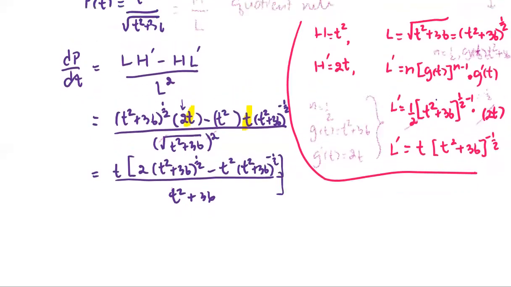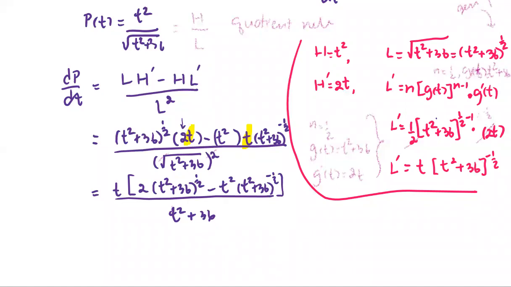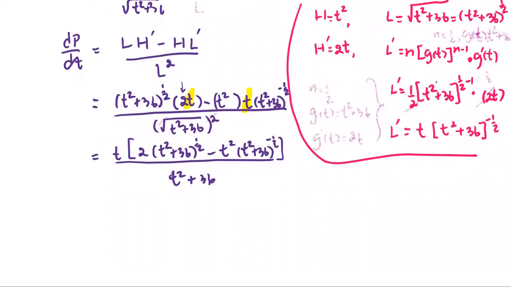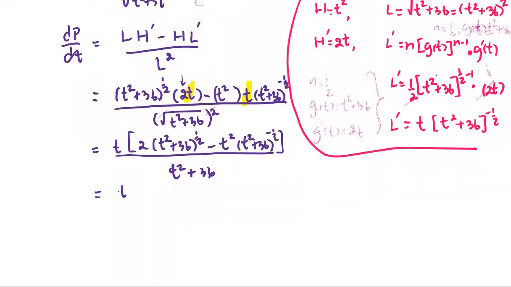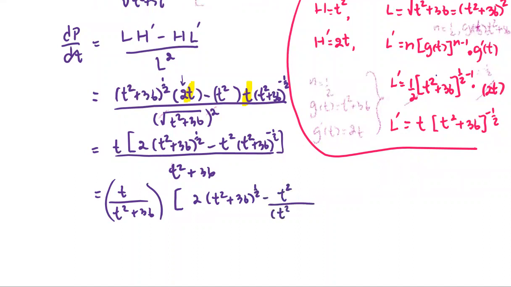And then for our convenience, I'm going to write it as multiplying by the reciprocal instead of the quotient, or divide by t squared plus 36, writing it as t over t squared plus 36 as one group. And in a bracket, I will work on simplifying the expression inside of it. The negative power means the reciprocal of the positive power, so I write the negative power as the positive power in reciprocal form.